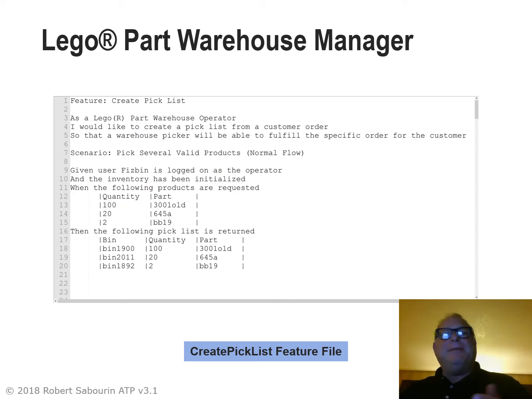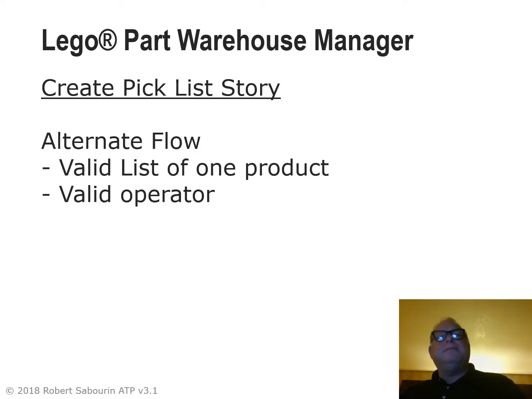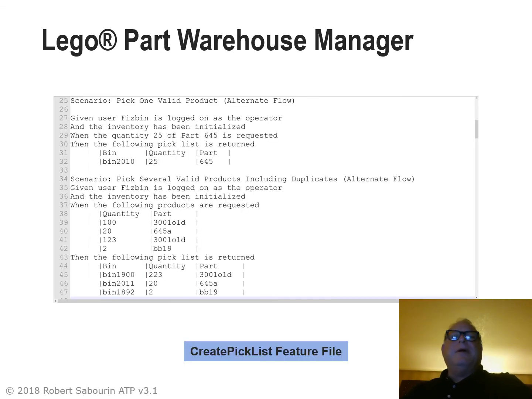Another example might be an alternate flow. Imagine we have a valid list of one product with a valid operator. This is an alternate flow. So we have a Gherkin script.